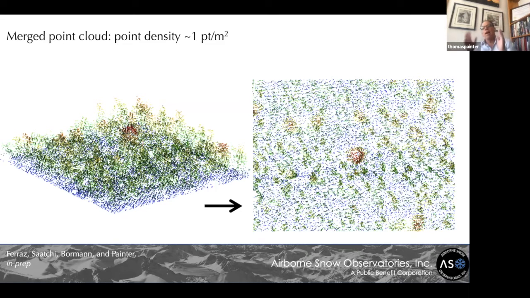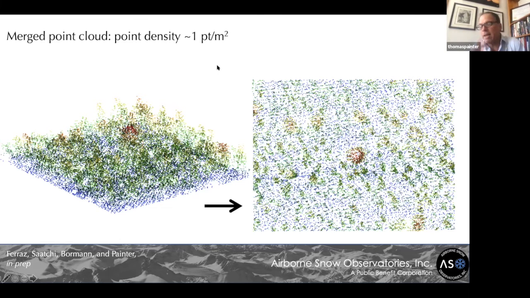And what this allows, then, we don't fly at high point density with the lasers because we want to cover a lot of area. So with our 1 point per square meter acquisitions, this is what the forest looks like in an oblique shot. This is what it looks like looking down, and the color is according to elevation. So you can see the meadows, the openings in the canopy, and you can see the trees, but it's not a very carefully characterized forest canopy.